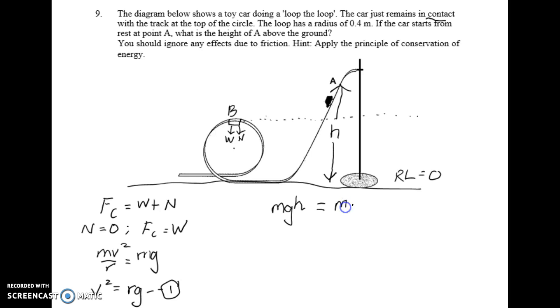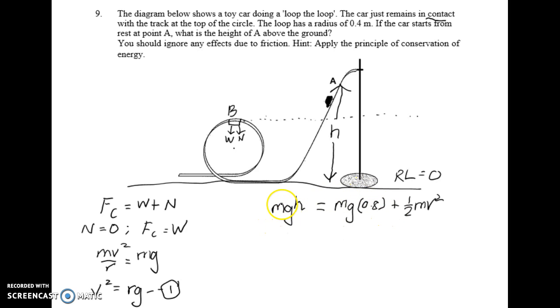At point B, what is the potential energy? It is still mg, but the height here would no longer be h. It will be the diameter of this loop, 0.4 times 2, so it will be 0.8, and it has kinetic energy of half mv squared. So this is one equation that we can use to solve for h.